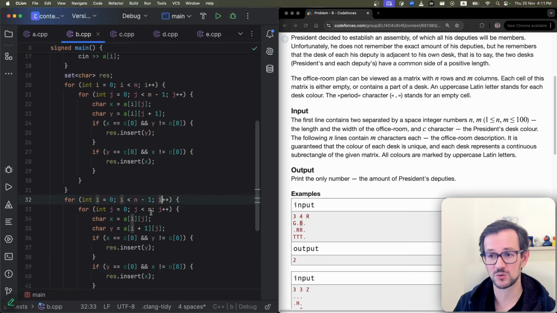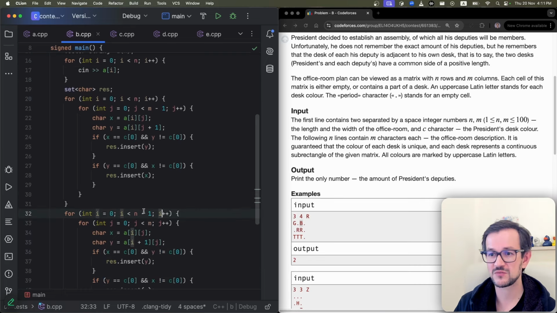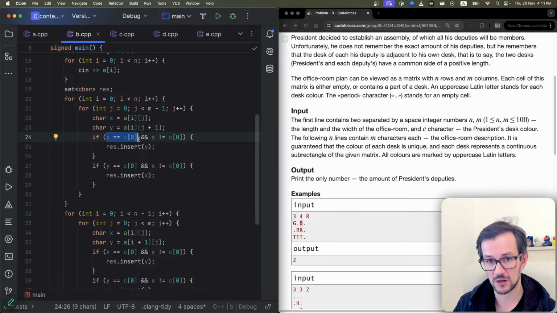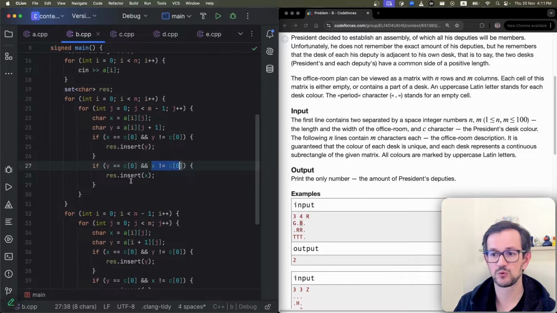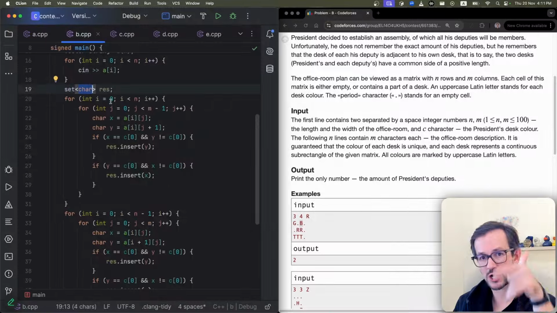Not the best code style, but for easy problems it should work. If x is the target color and y is not the target color, I put y into the set. And vice versa: if y is the target color and x is not, I put x in the set. Now this set contains all characters which have a common border with the target character.